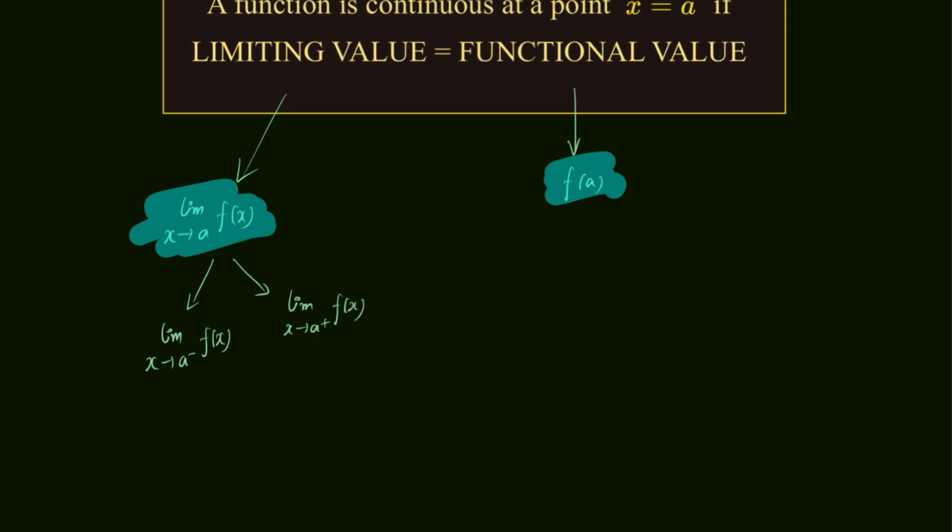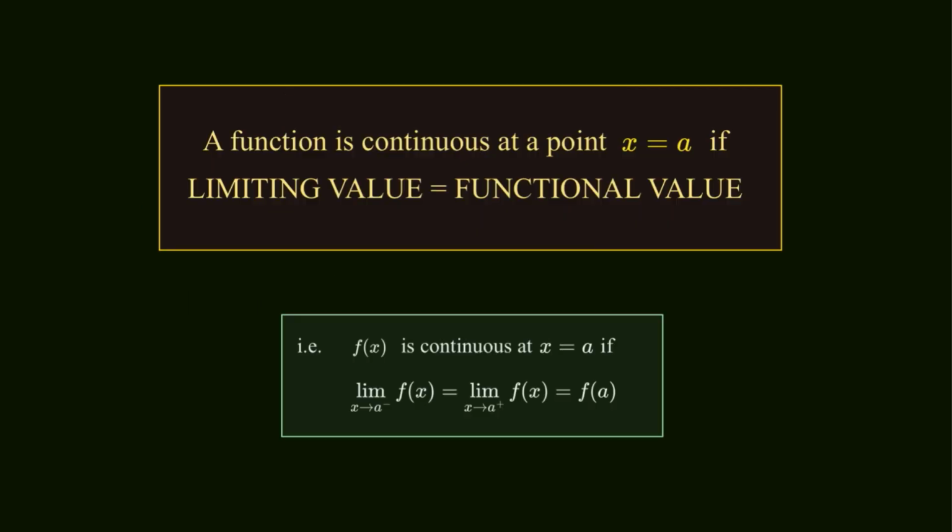If left hand limit and right hand limit are equal, then we say that the limit exists. So a function is continuous at x equals a if left hand limit equals right hand limit equals functional value, or simply you can say that the limiting value and function value should be equal.